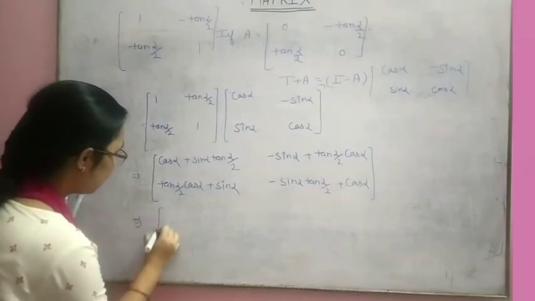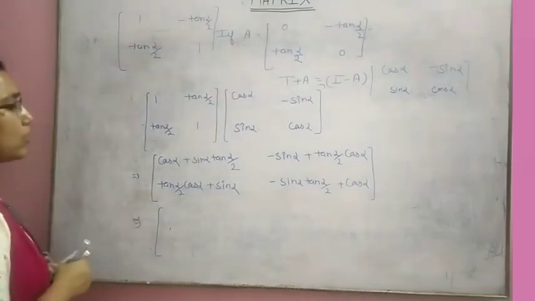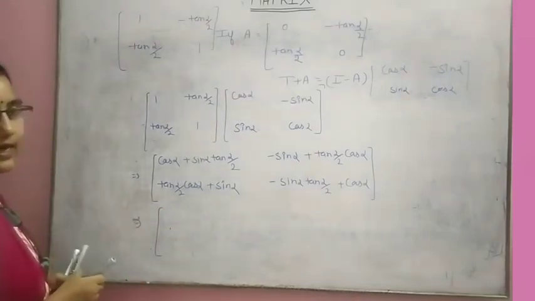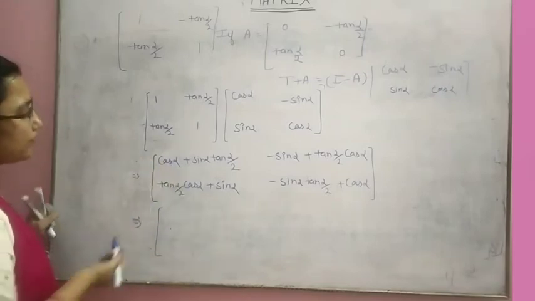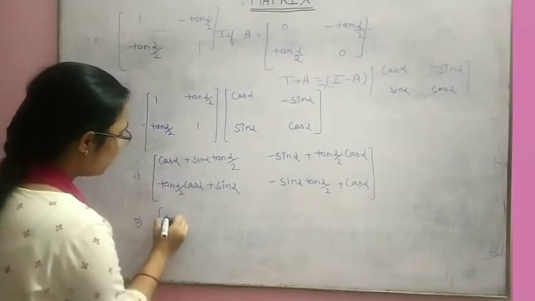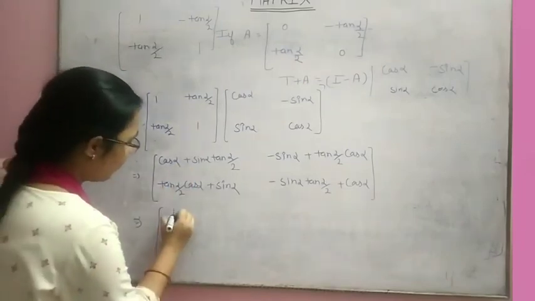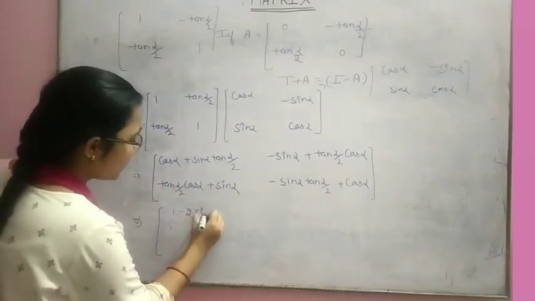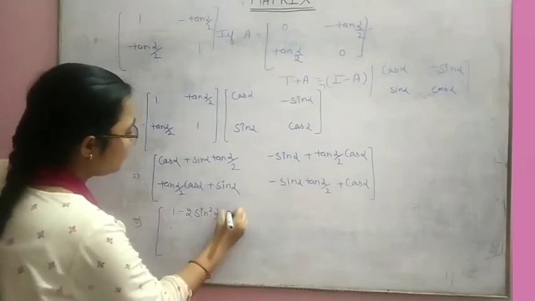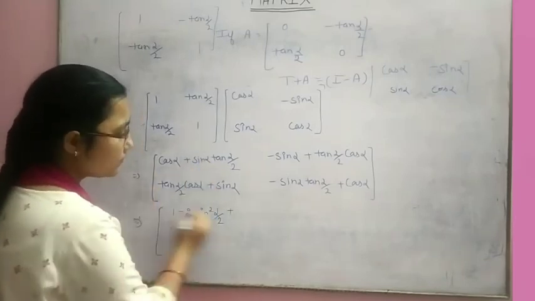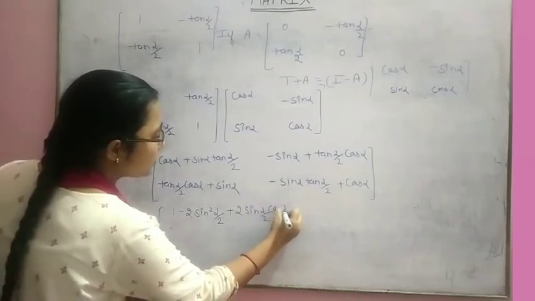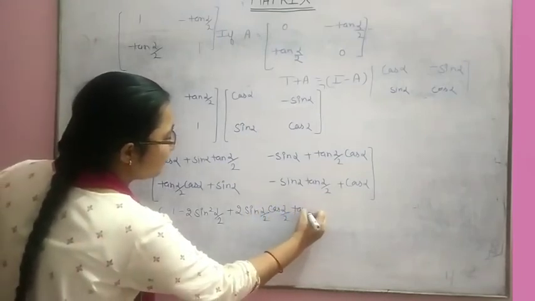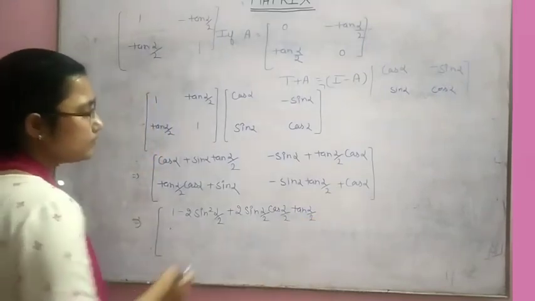Now we know that cos alpha is written as 1 minus 2 sin square alpha by 2 by the double angle formula. So in place of cos alpha we can write 1 minus 2 sin square alpha by 2, plus in place of sin alpha we write 2 sin alpha by 2 cos alpha by 2, times tan alpha by 2.